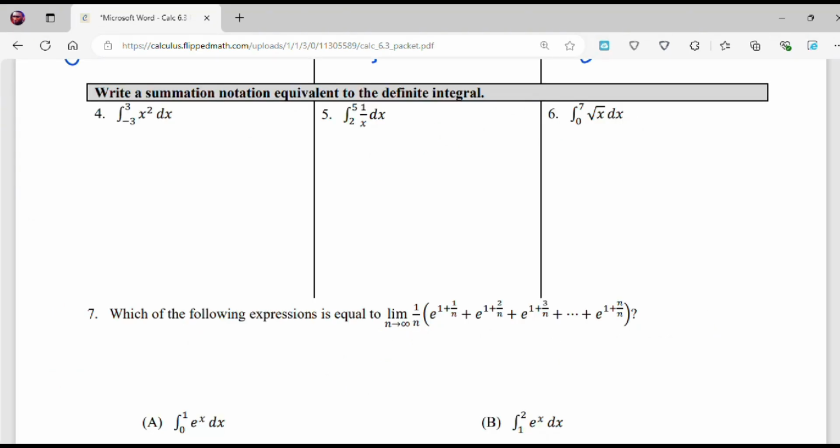Okay. Questions 4 to 6, we're given the function, and now we have to turn that into a definite integral. So remember the limit as n approaches infinity of the sum with n rectangles and k equals 1 of b minus a over n times f of a plus b minus a over n times k. And then that is going to give us our definite integral.